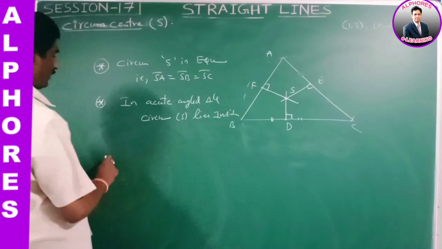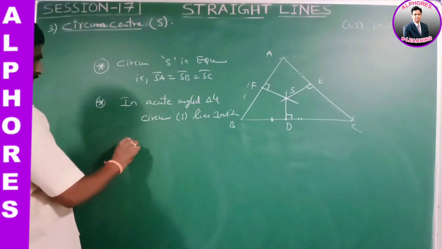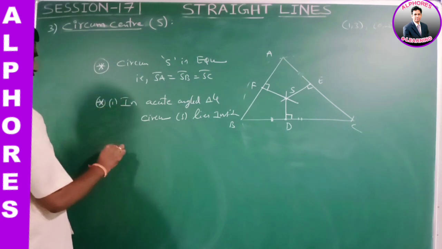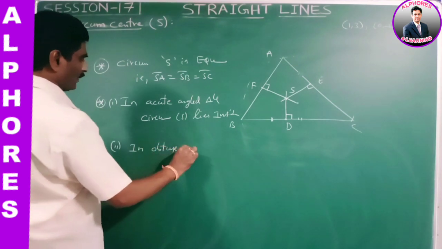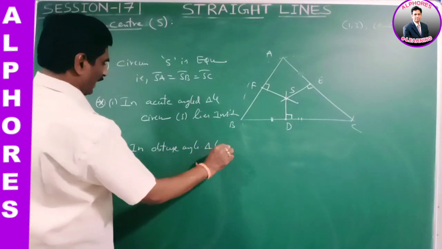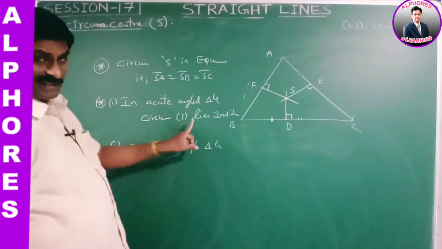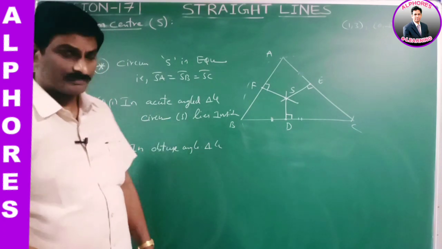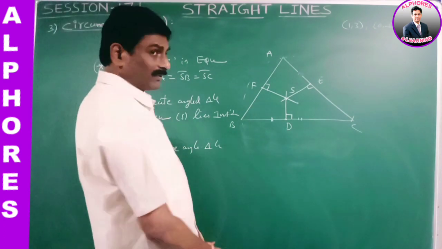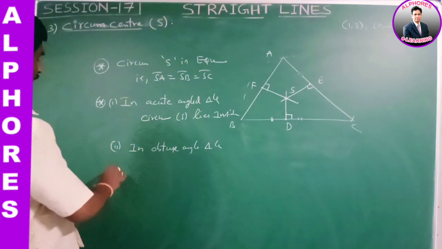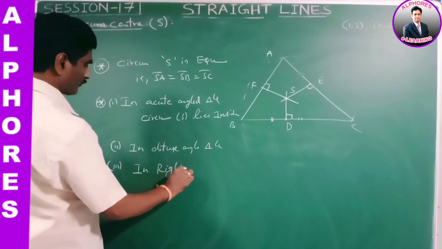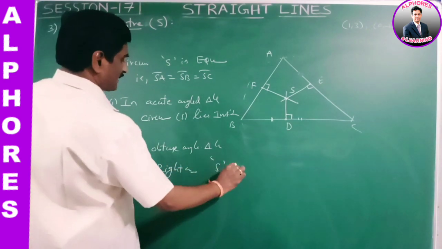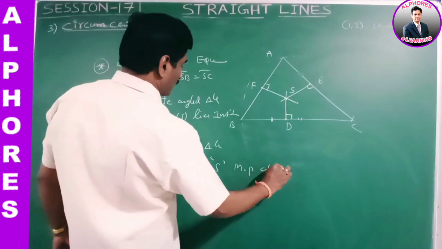Next, in an obtuse angled triangle, circumcenter S lies outside of the triangle. Next, in a right angled triangle, circumcenter S is the midpoint of the hypotenuse.